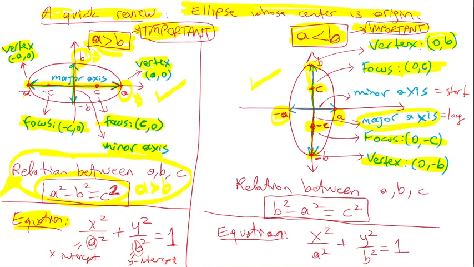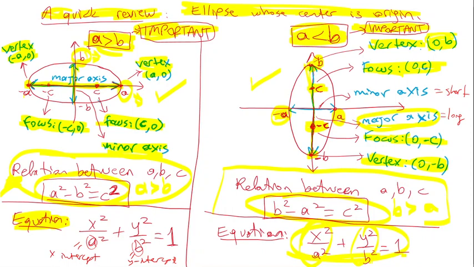Yes, of course, they're not arbitrary. Here, since B is bigger than A, C squared is equal to B squared minus A squared. And the equation will be, again, x squared over the x-intercept squared plus y squared over the y-intercept squared. So if you know A and B, you can directly write the equation.